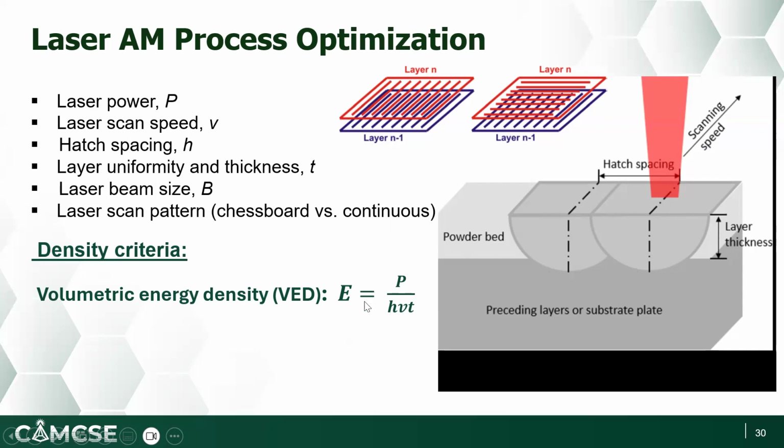This volumetric energy density, VED, simply means the energy density you input into the melt pool. That's why it's given by the laser power divided by the volume of the laser melt pool.